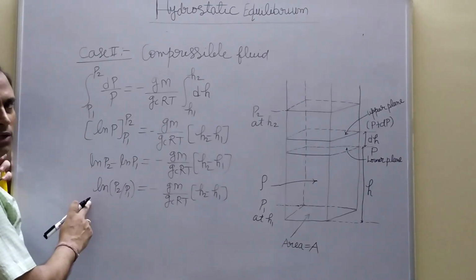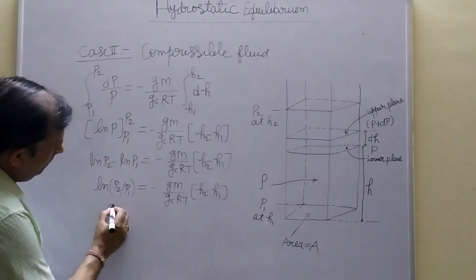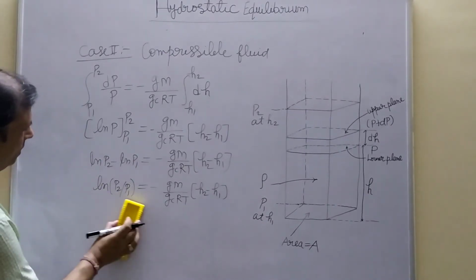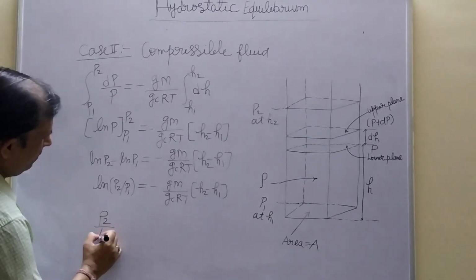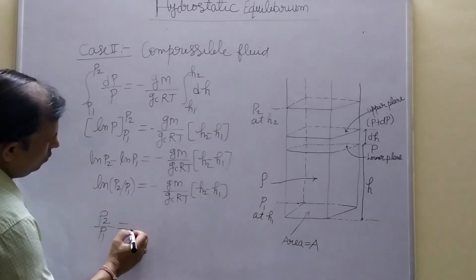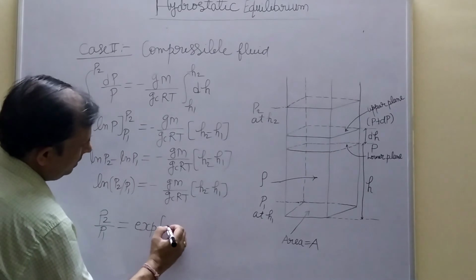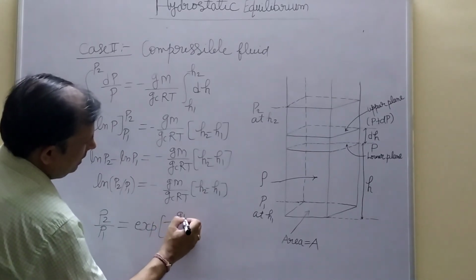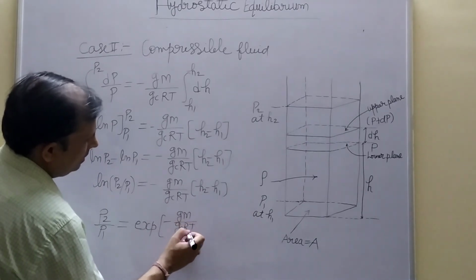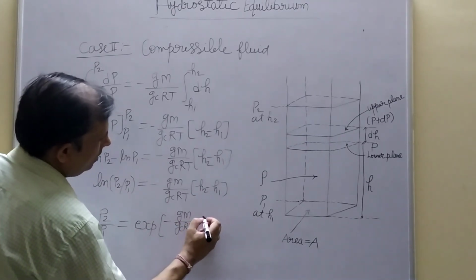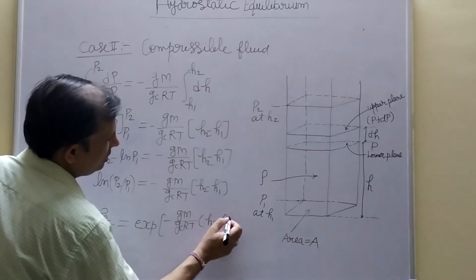Now we can either leave the equation in this manner, which is also correct, or we can take the anti-log. When we take the anti-log, the equation will be P2 by P1 equals exp of minus g M by gc R T times h2 minus h1.